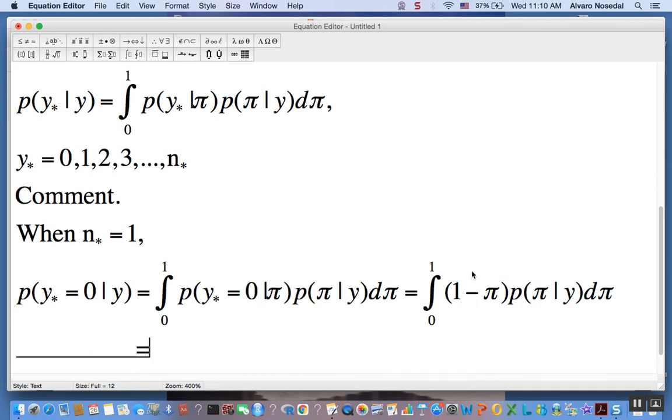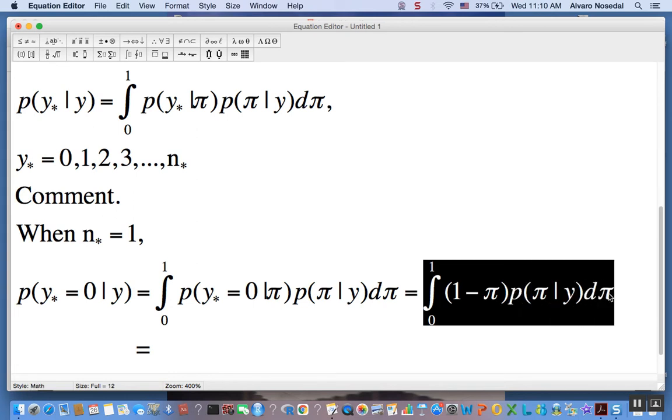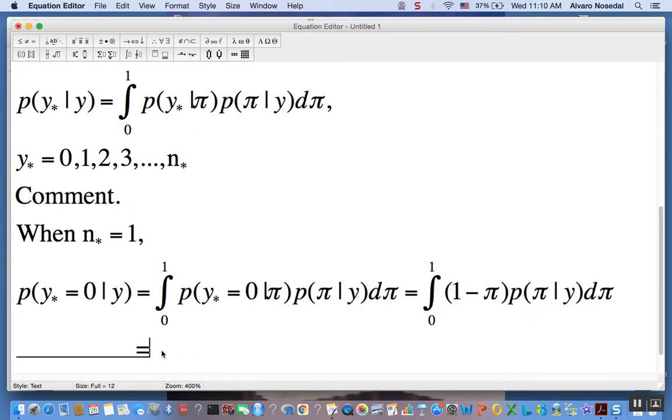Now, using the linearity of integrals, we could break down that integral into 2.